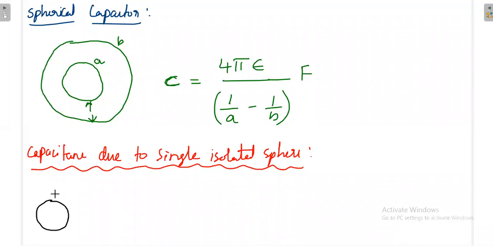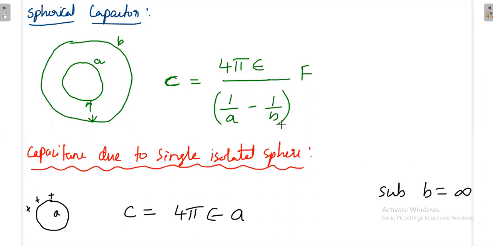If it is storing plus charges, then where will the minus charges be stored? It is assumed that they will be stored on the infinite sphere. So what is the capacitance of this one? Here, if the radius is A, the capacitance value C is equal to 4 pi epsilon A, because you substitute B equal to infinity.